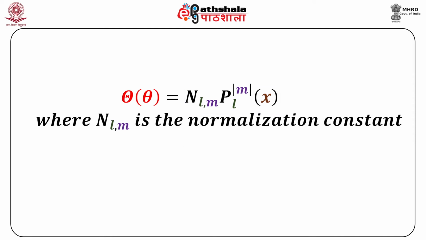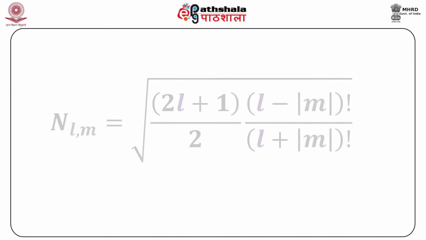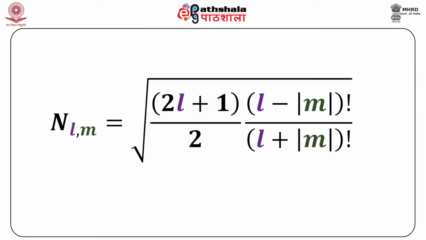Now, what is the value of the normalization constant? This value has been found out, and it is equal to, as you can see here, N_Lm equals the square root of (2L plus 1) upon 2, then (L minus absolute m) whole factorial divided by (L plus absolute m) whole factorial. So this is the normalization constant for the theta function.